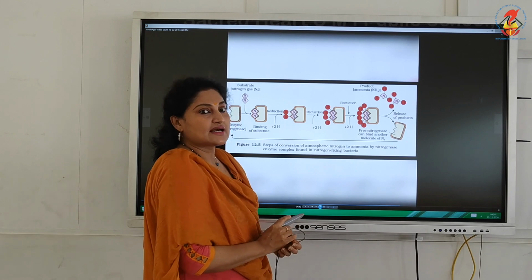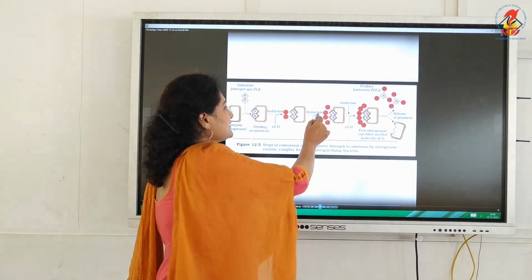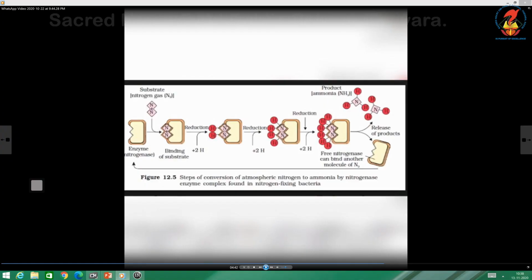Now the second bond between the nitrogens breaks, and each nitrogen is connected to two hydrogen atoms. Now in the third step, two more hydrogens are added. The bonds between the nitrogens, all three bonds, disappear. There was initially a triple bond, it became a double bond, a single bond, and now all the bonds between the nitrogens vanish, and each nitrogen is connected to three hydrogens.